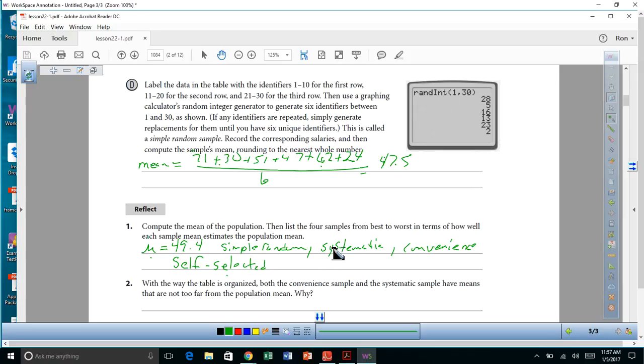All right. With the way the table is organized, both the convenience sample and the systematic sample have means that are not too far from the population.